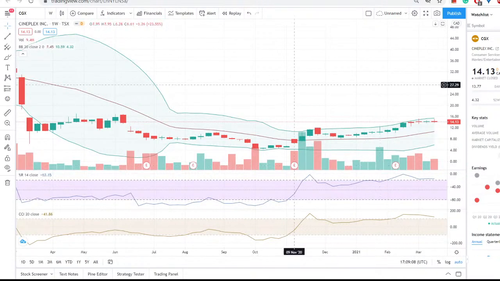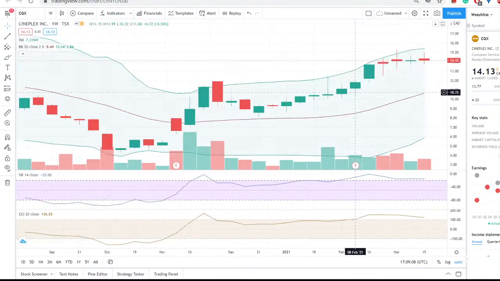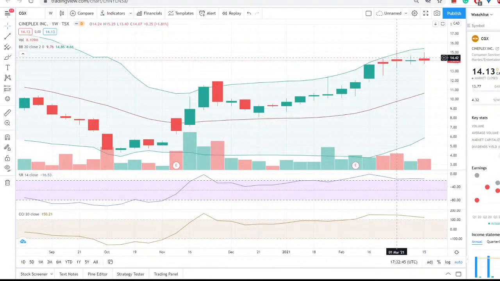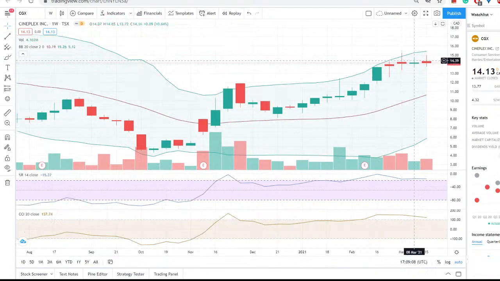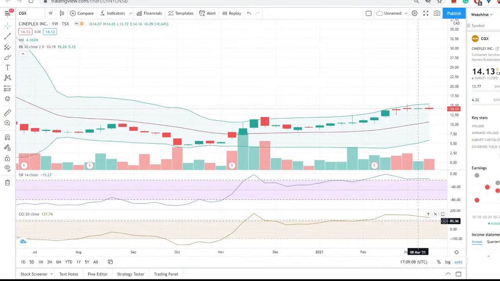right. Thank you. So next we'll go to CGX. It has reached its resistance. It is getting resistance at close to $15, and Williams R is flat, CCI is downward.